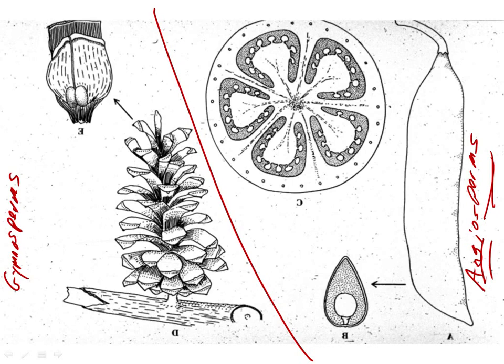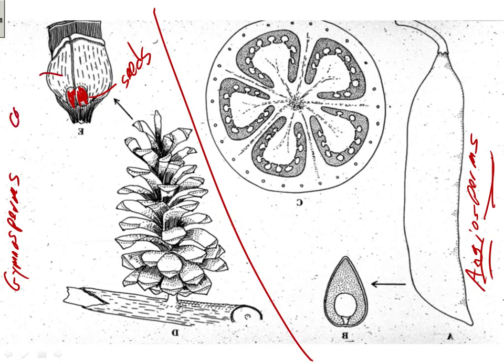So on the gymnosperm side, we have the seeds, and here they are. And they are not enclosed in another structure. They are borne on structures. They are borne on scales.